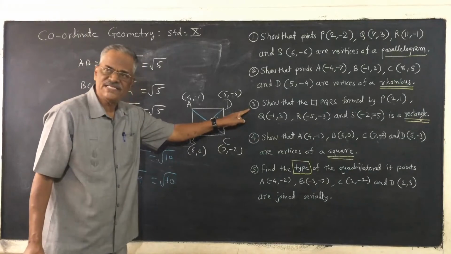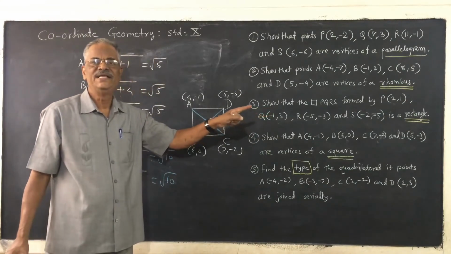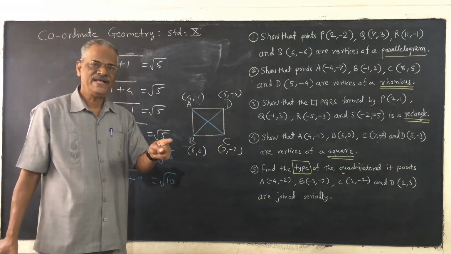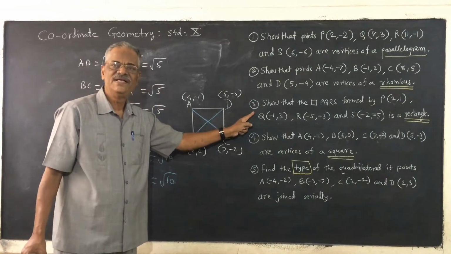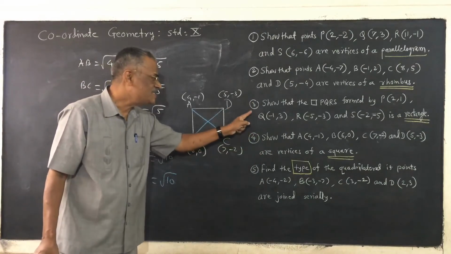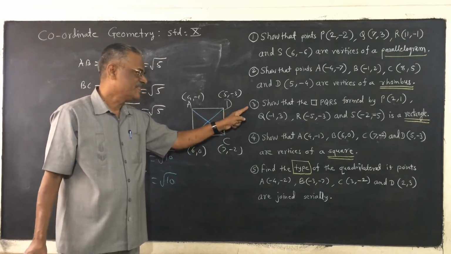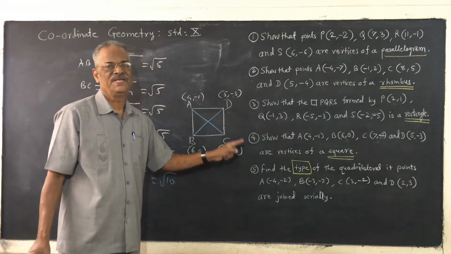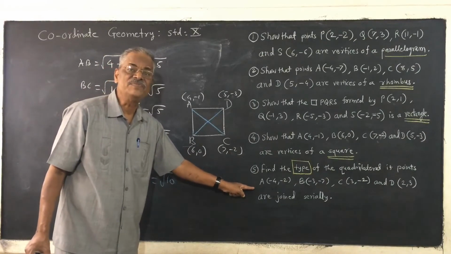So in the third example also, say that you are going to prove that it is a rectangle. For that, use the distance formula, calculate opposite sides, and see that opposite sides are equal and diagonals are equal. Then it is a rectangle. After that, by using the same distance formula, you have to decide the nature, the type of the quadrilateral.